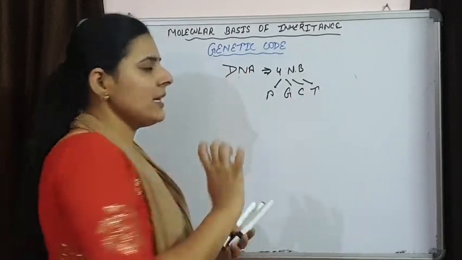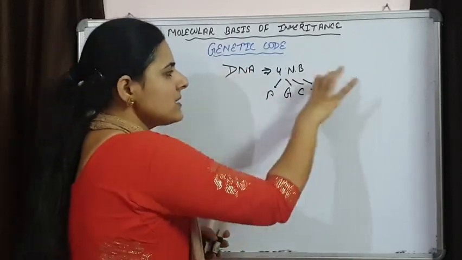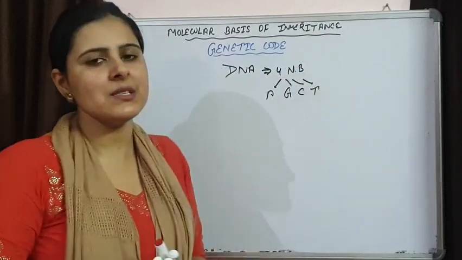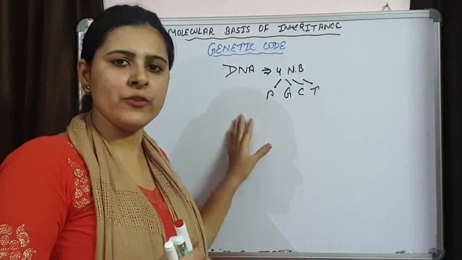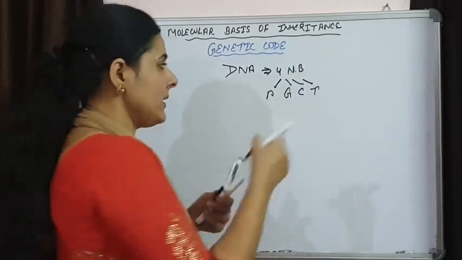Now this DNA is going to provide the sequence of nitrogenous bases that is present in it for a specific protein, in the form of a gene, into mRNA.